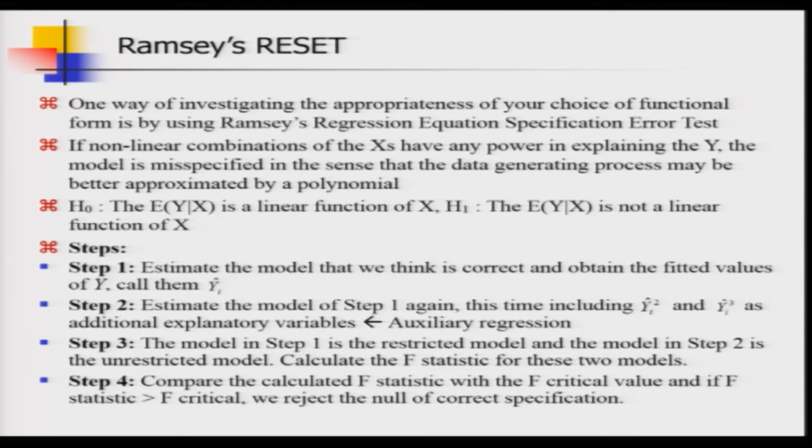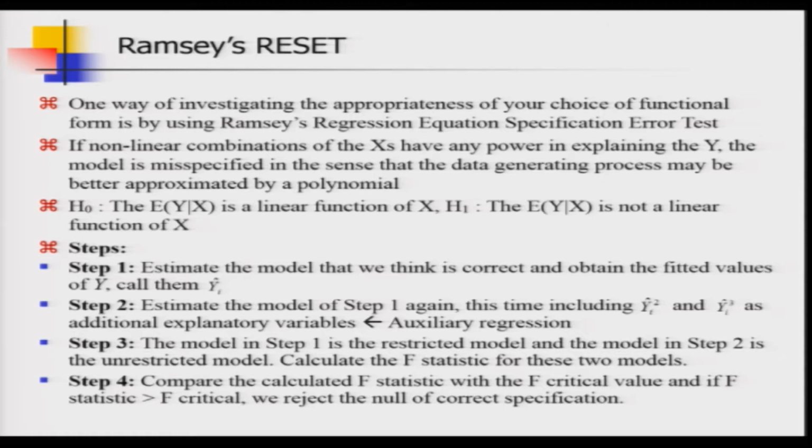So now note that here I am actually introducing two new explanatory variables in the auxiliary regression, and suppose the coefficients I am naming them as delta 1 and delta 2. So, delta 1 is associated with the square term of the fitted value, and delta 2 is associated with the cubic value of the fitted value, okay.